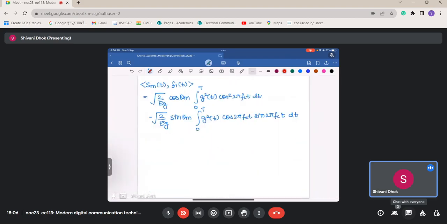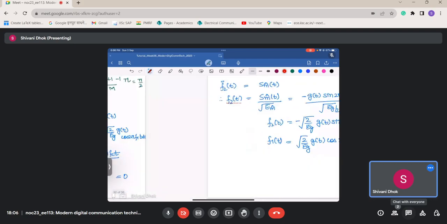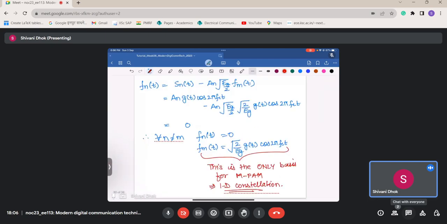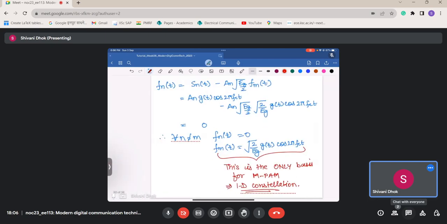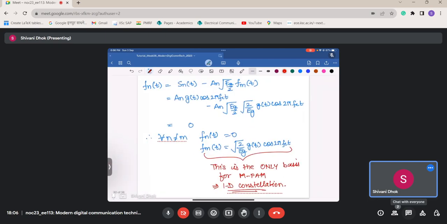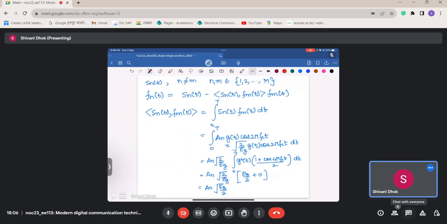So in the same way this integral will be equal to 0, and similarly in our previous question, in this previous question we had shown that this integral, that is the integral 0 to T g square t cos square 2 pi fct, comes out to be Eg by 2.